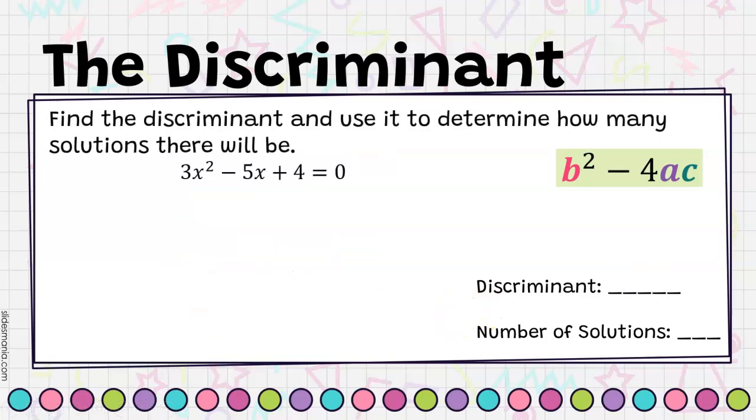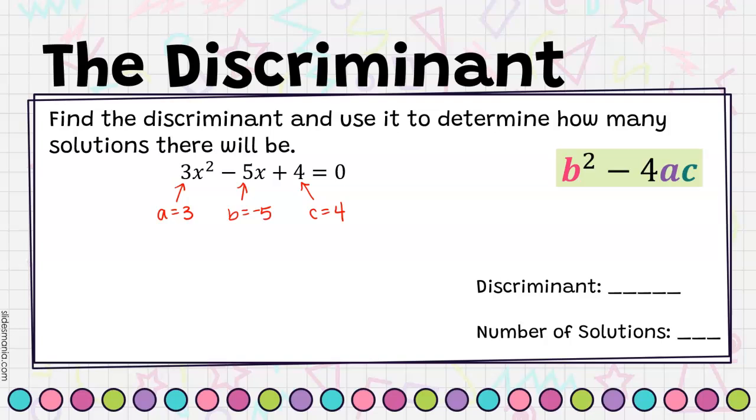This time, I'm going to have you do a little bit of thinking about this. First off, what is your A, your B, and your C value? Our A is 3, our B is negative 5, and our C is a positive 4. What would you get if you plugged those into the discriminant?